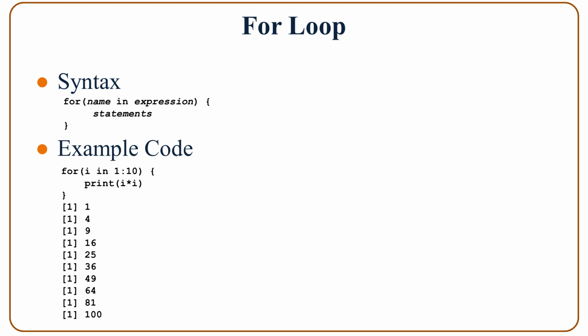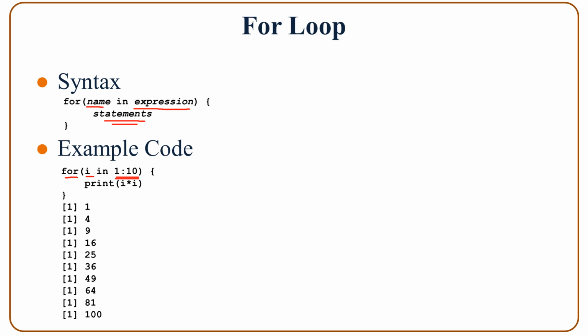So let's look at some examples. In this example, for i in a vector with elements from 1 to 10, print i times i. A simple example, and this is the result.